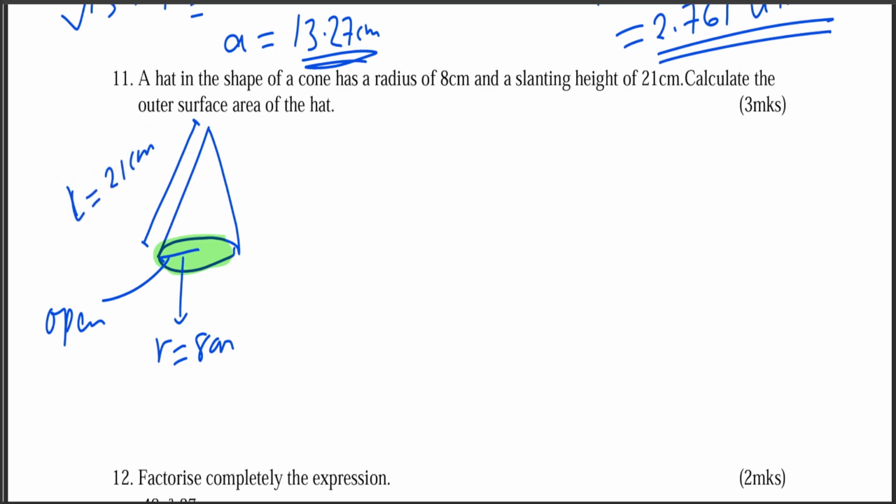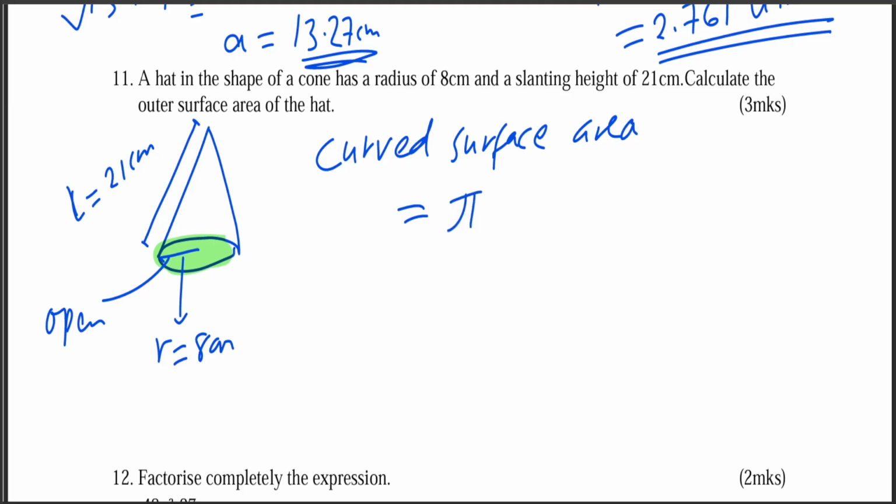Slant height ni L. So calculate the outer surface area of the hat. So outer surface area of the hat is usually the curved surface area. Sawa. Na hata wamekuwa very specific kuonyesha kuwa hiyo ya chini is usually open.